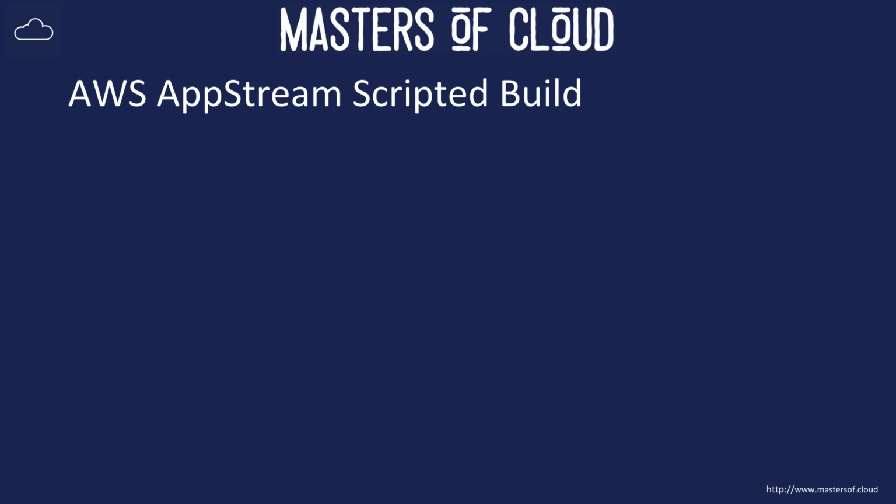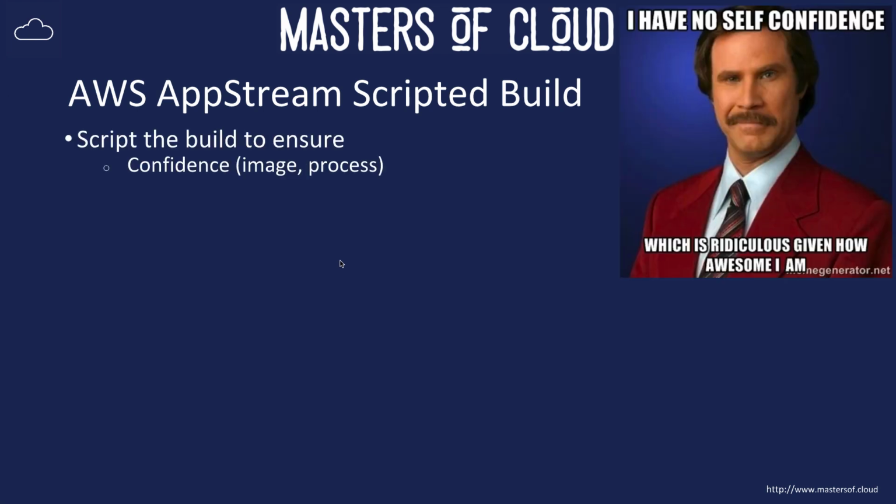So, moving on to our scripted build. The first and foremost reason that we script the build is to ensure you have confidence in your image. When people come to you with complaints about the image not running properly, or there's a problem with it, if you've scripted the image and you have a sound process around that script, you can have confidence that nothing should have changed in that image since it was last deployed.